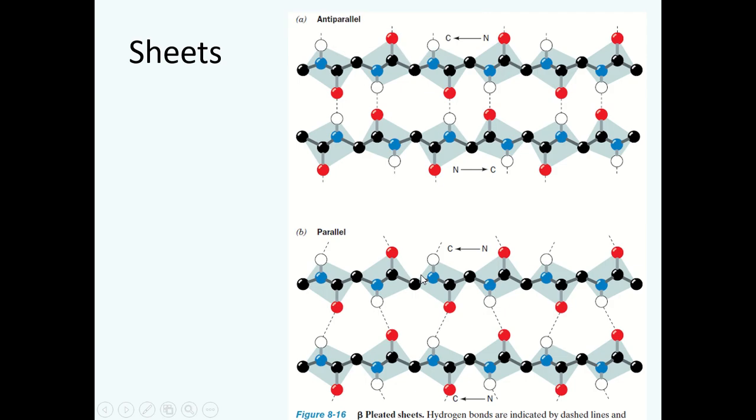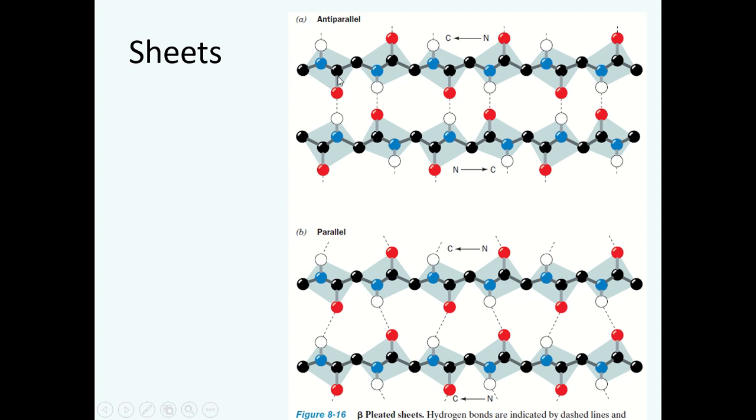However, certain parts of the protein also contain other types of helices. Okay, so the next important type of secondary structure element are the sheets, sometimes also called beta sheets. The sheets are formed when a given region of a polypeptide chain forms hydrogen bonds with the adjacent region of the polypeptide chain. So here you can see that this is one region of the protein, and this is another region of the same protein.